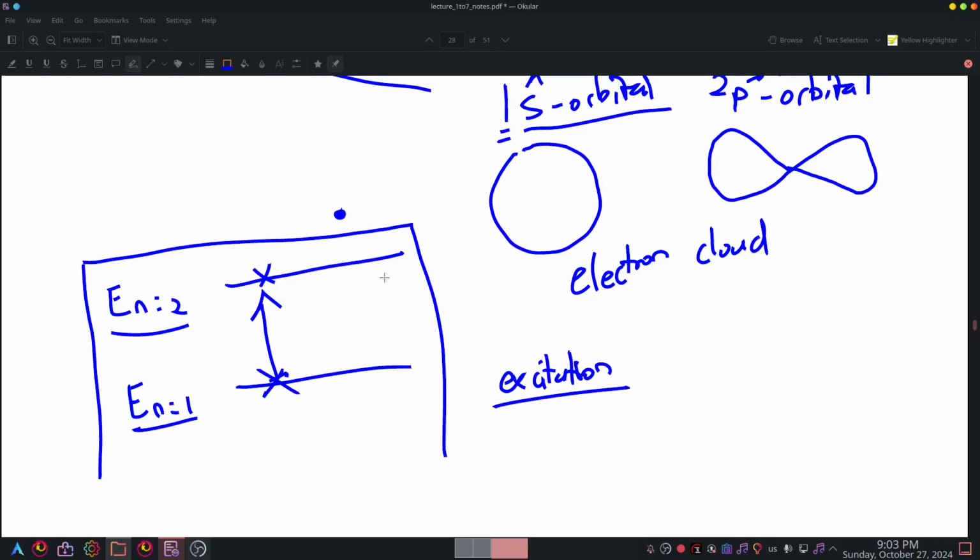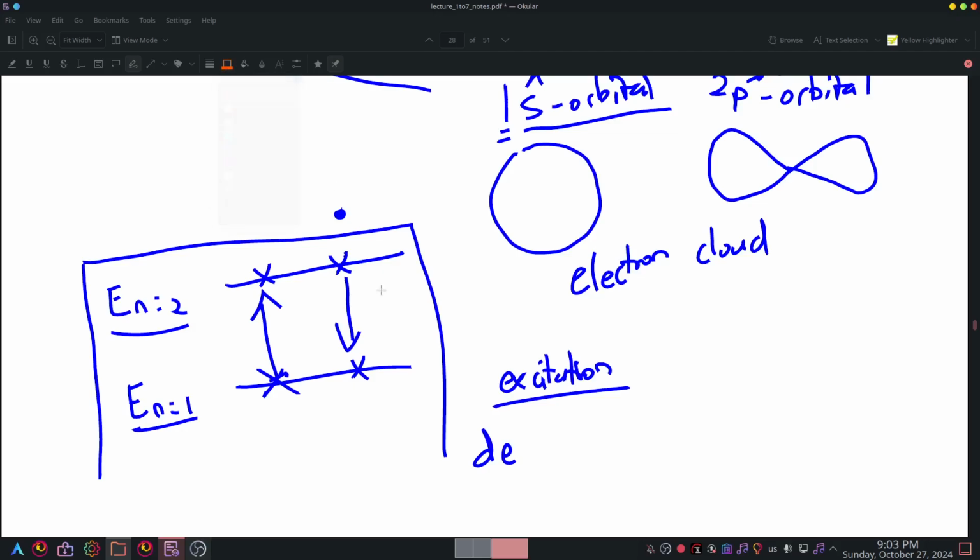At the same time, if you have an excited state of an electron, and you somehow leave it alone for long enough, it will de-excite itself and release energy. So this is called de-excitation.